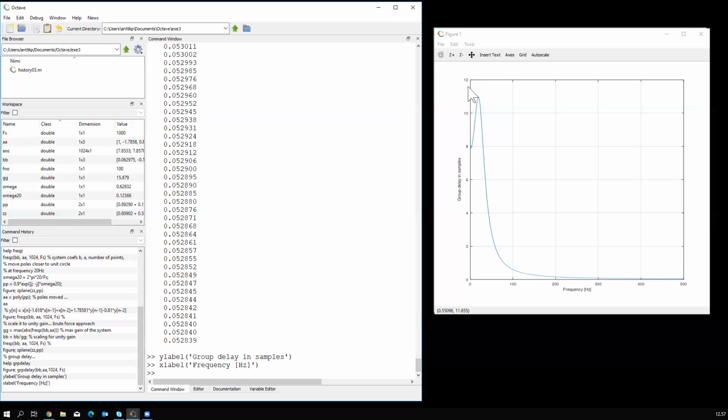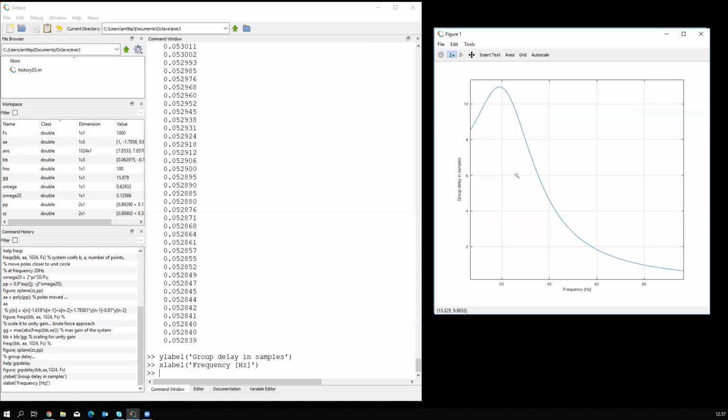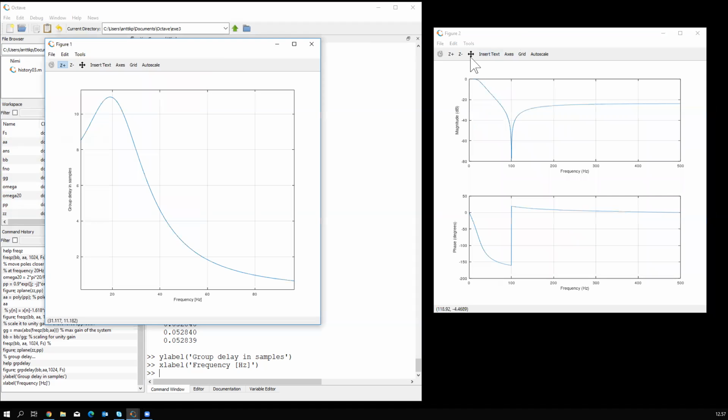So now I have some group delay. See the zoom. So the group delay changes by the frequency. At around, let's see, our passband in here, where is the minus 3 dB point?